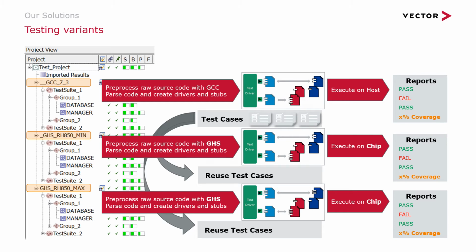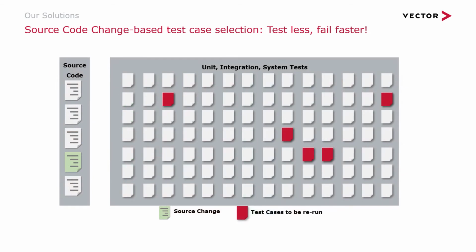And this is what you need in the end to have the highest level of confidence in the results of your testing. Now, when we test in multiple variants, then the number of test cases increase dramatically. So time becomes an issue. And that's why we invented something called change-based testing. With a change-based test execution, we can analyze, if you do source code changes, like in this case, one file changed, then we can analyze which unit test environment is affected by the source code change.